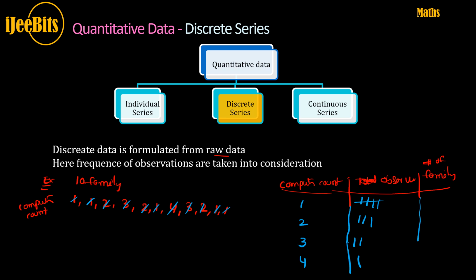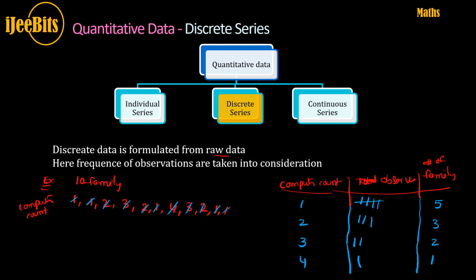So how many do I have? 1, 2, 3, 4 and 5. I have 5 families having a single computer, 3 families having 2 computers, 2 families having 3 computers, and 1 family having 4 computers. How much in total? 10, 11.